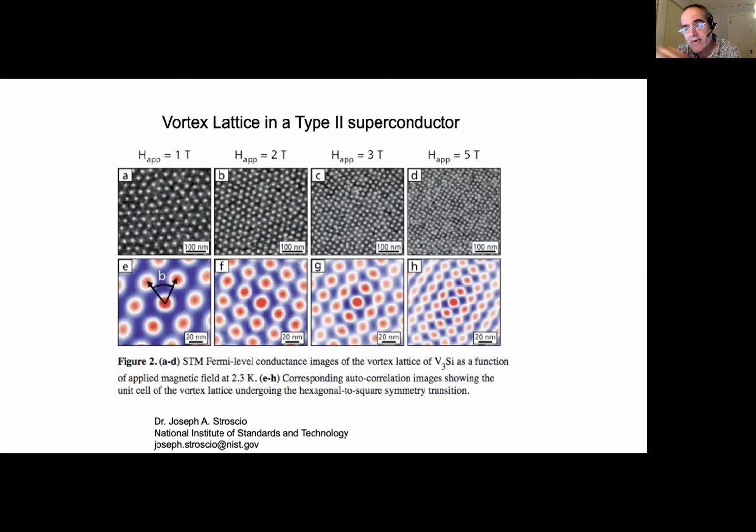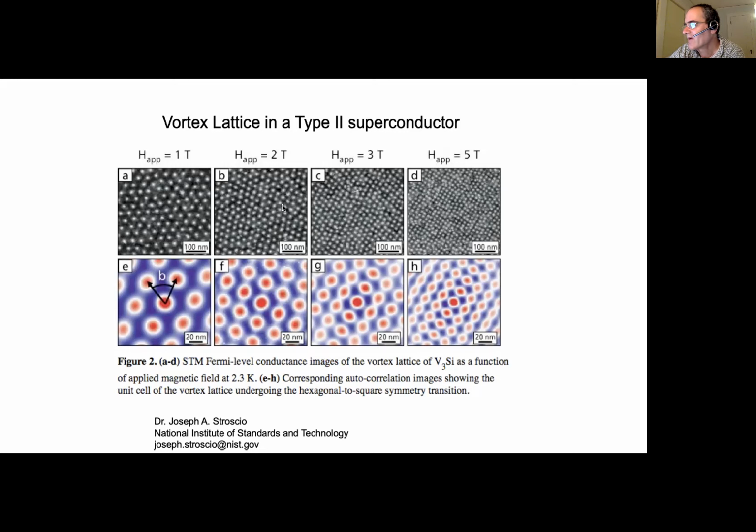One way is just to decorate the superconductor with magnetic iron filings, and then they'll kind of arrange themselves around these vortices. This is another technique. In any event, this uses a scanning tunneling microscope that measures magnetic fields. You can see here these superconducting vortices.